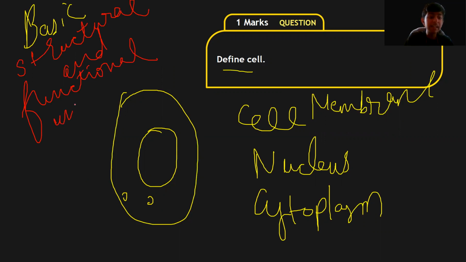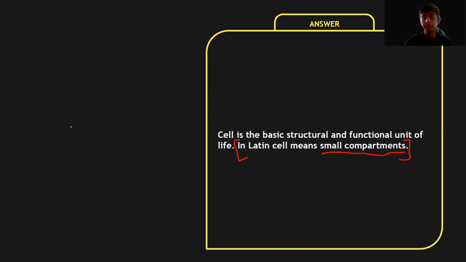They are the building blocks, like a building is made up of different blocks. So we are made up of cells. They are the fundamental unit of life. Cell is the basic structural and functional unit of life. In Latin, cell means small compartments. They are very, very small.